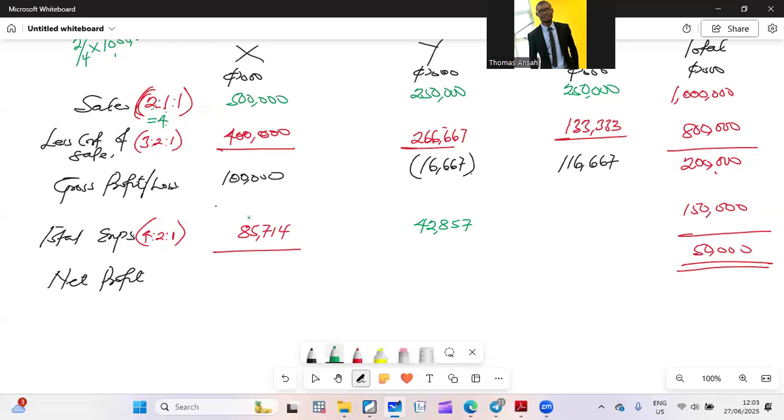All right. These are all expenses we are subtracting. Department Z, 21,429. Okay, so I round it to 29. All right. So when you add everything up, you should be able to get this figure.